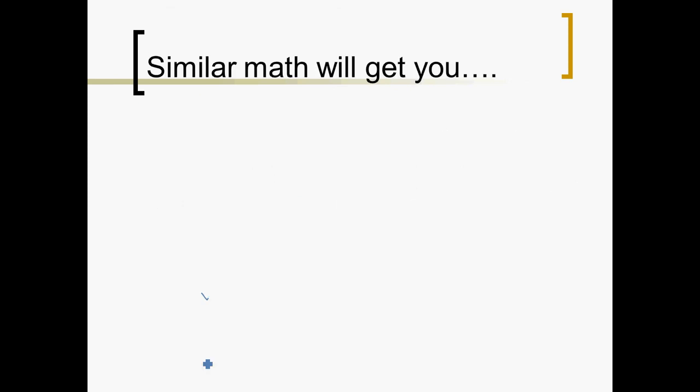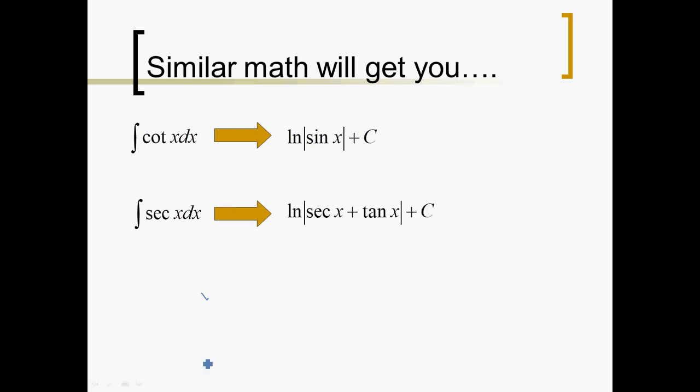I could use that same kind of u substitution work to get you the antiderivative of cotangent, but I'm just going to give it to you. It's the natural log of the absolute value of sine. The antiderivative of secant x, which was not on our list before, is the natural log of, kind of gross, the absolute value of a sum.